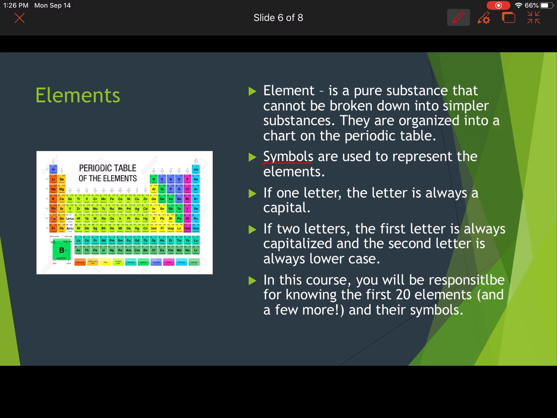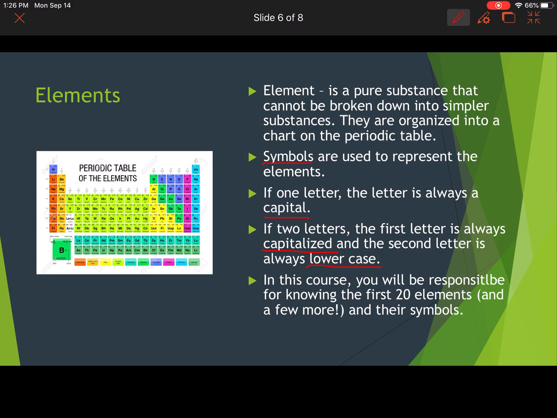So we don't have enough space to write the whole thing out, so we just use symbols. If one letter, the letter is always a capital, okay? So it's always going to be a capital. If two letters are used, the first letter is always capitalized, and the second letter is always lowercase. So the ones that I'm underlining here in red are the words that you need to put into your notes.